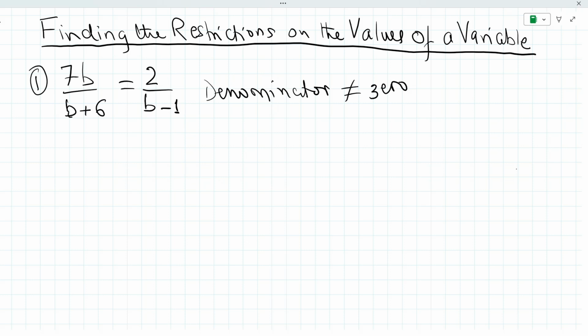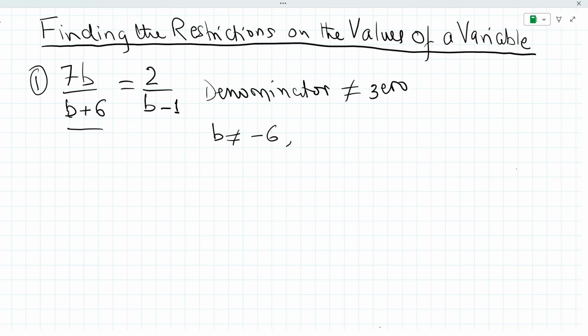Therefore, in this case, b must not equal minus 6. Because if b is equal to minus 6, then b plus 6 will give us 0.